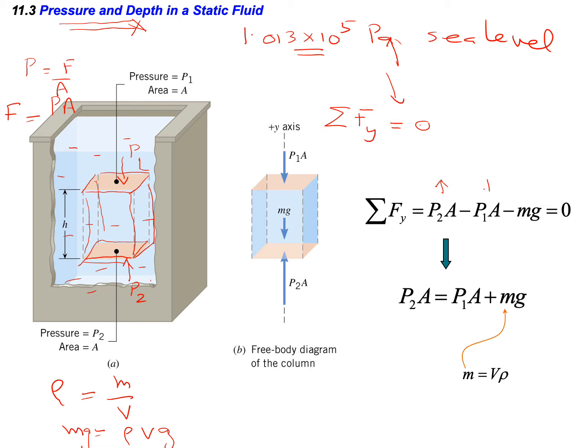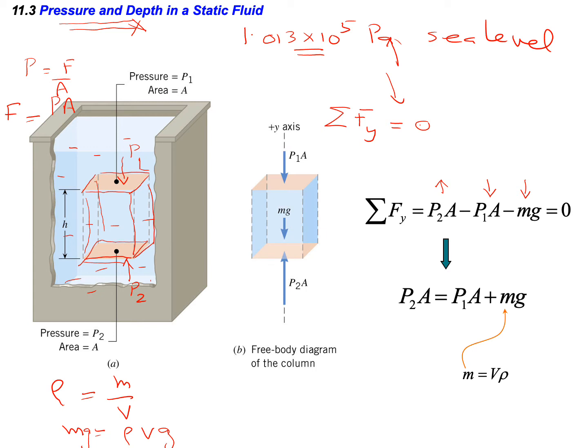P1A is the pressure force on top, which is pointing down, and the weight force is also pointing down, so these two are negative quantities and P2A is positive. If these three forces are in equilibrium and you add them together, they equal 0. Rearranging, we can write P2A equals P1A plus mg.